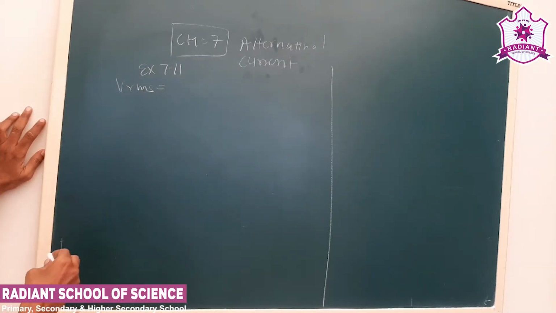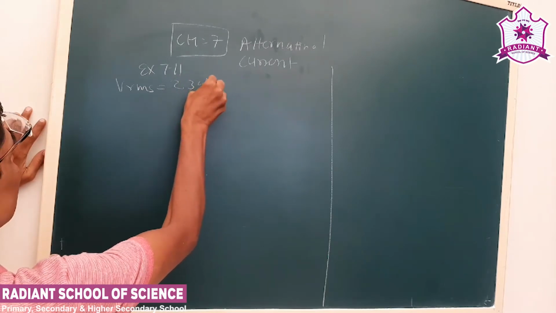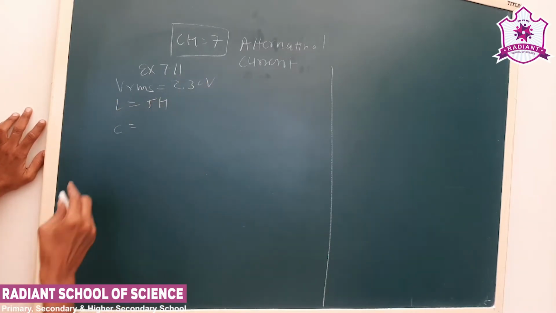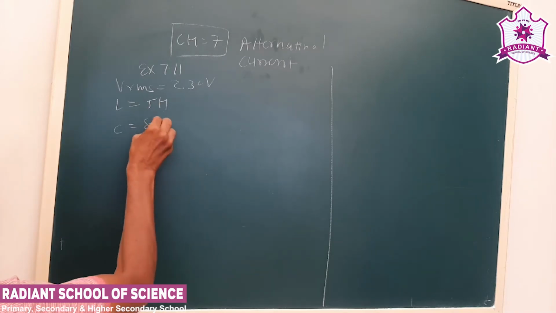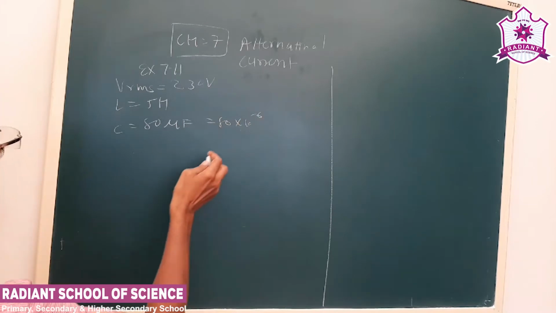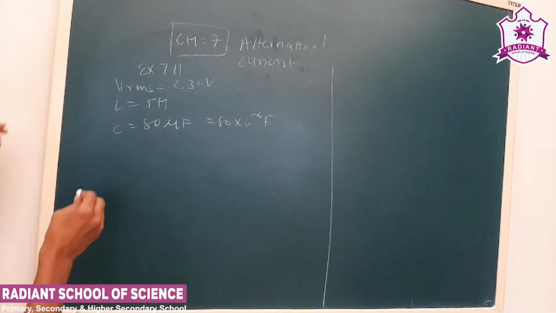VRMS is 220 volt, 230 volt. L is 500, C is 80 microfarad, R is 40 ohm.